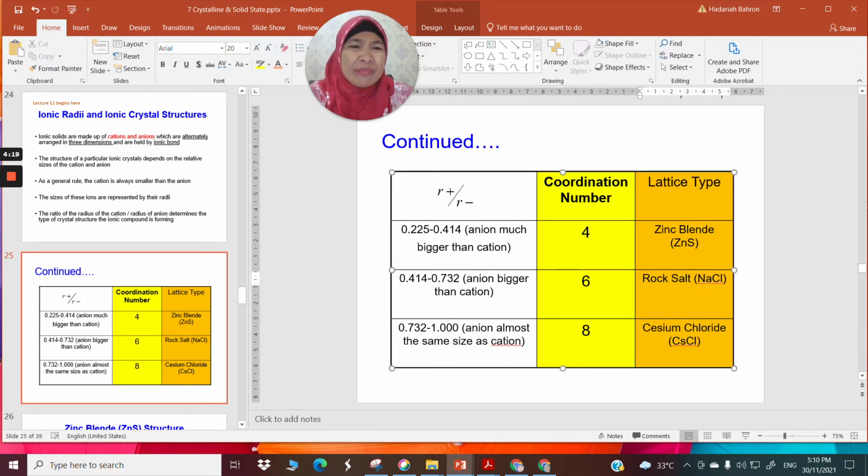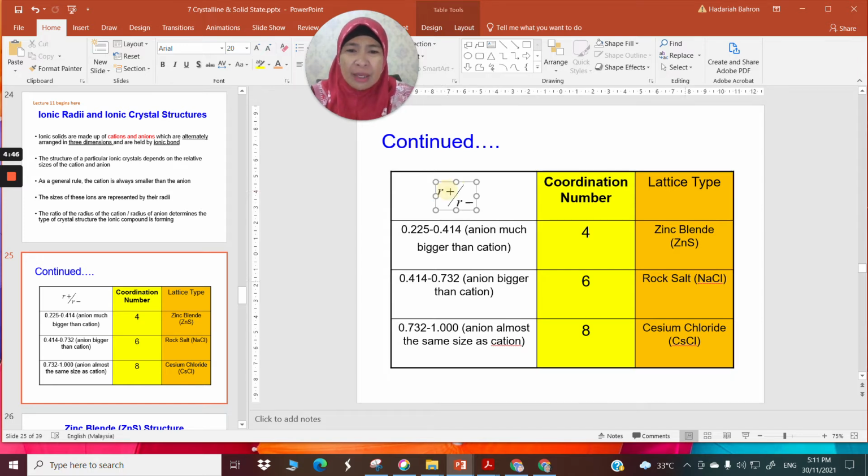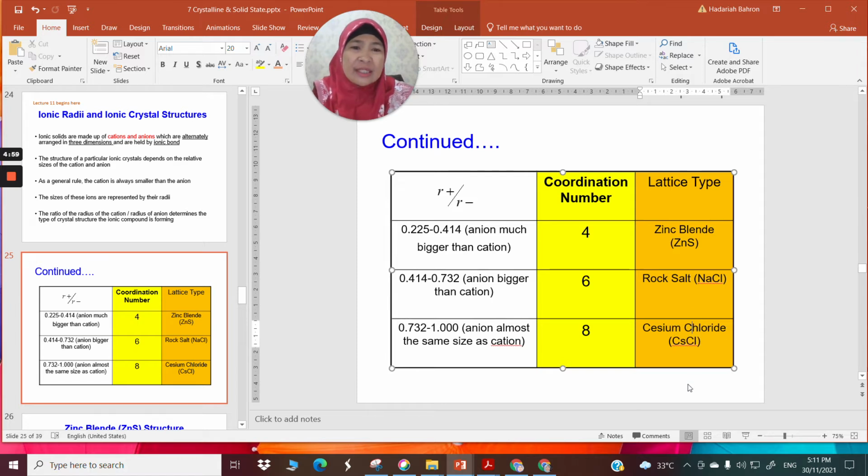But when your anion is almost the same size as your cation, where R plus divided by R minus is between 0.7 and 1, then you get the lattice type called cesium chloride, CsCl, with a coordination number of 8.